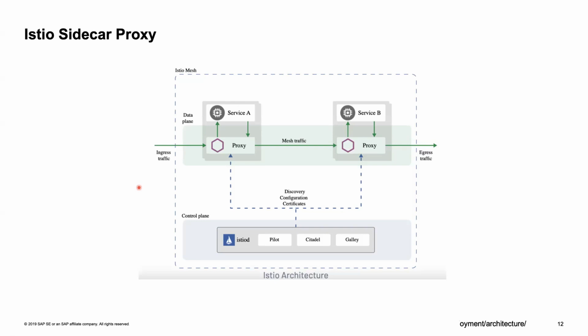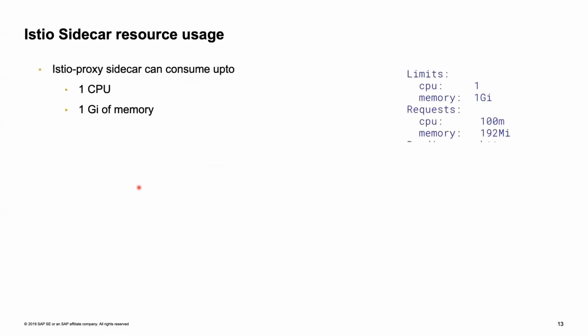So the question that comes is, this is the default configuration, and it can go up to 1 gigabyte and one CPU. It's too much usage, so how can I optimize it? Maybe that's where we need to understand why it is that much.